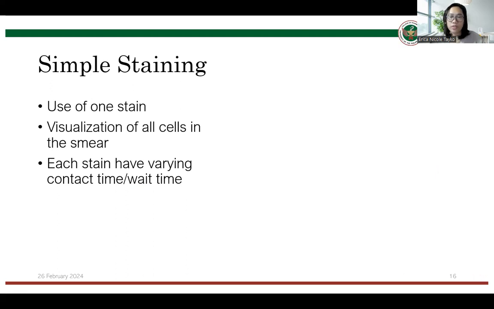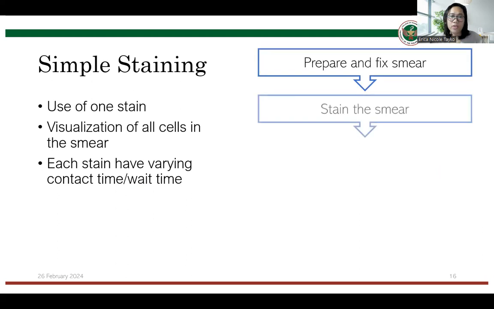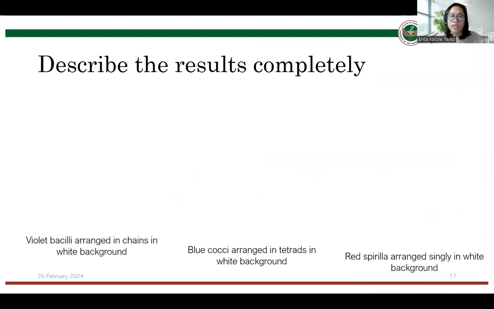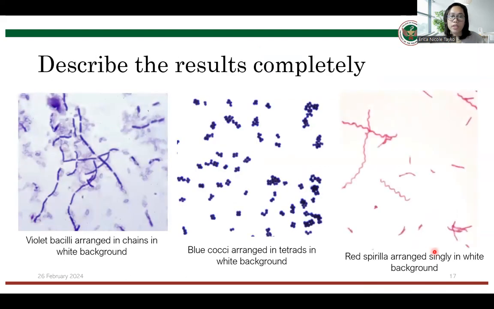Very straightforward are our steps here. You just have to prepare the smear with fixing, and stain the smear. Remember to take note of the contact time. And then remove the stain with blotting paper, carefully. Usually we observe under the oil immersion objective so that we can properly visualize the cells. Remember, this is the proper way of writing our observations under the microscope.